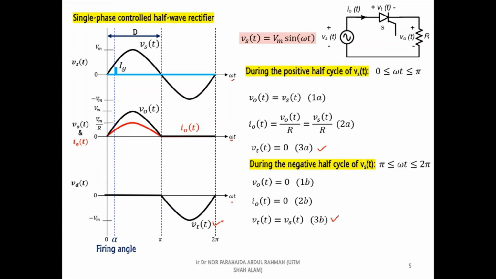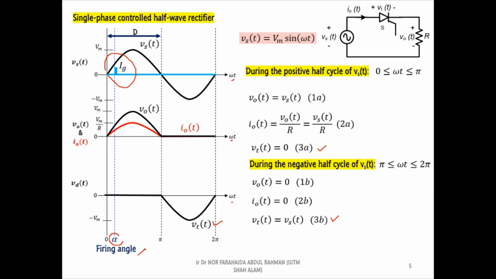Since the thyristor is a current control device, the control signal is in the form of a current pulse, and it is injected at omega t equals alpha. The alpha is known as the firing angle and it indicates the starting time of the current conduction.